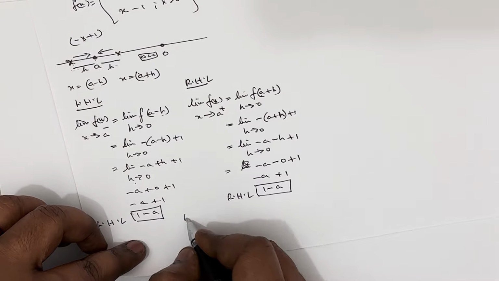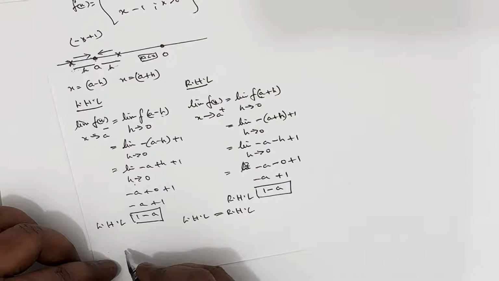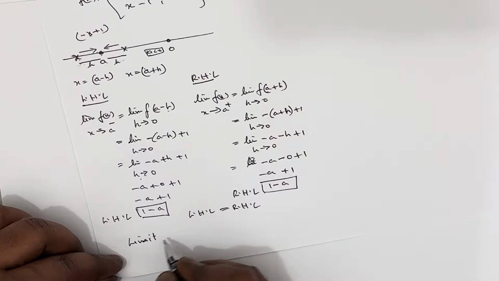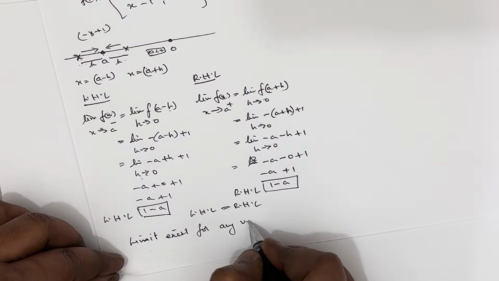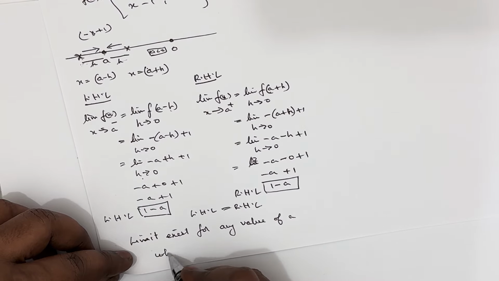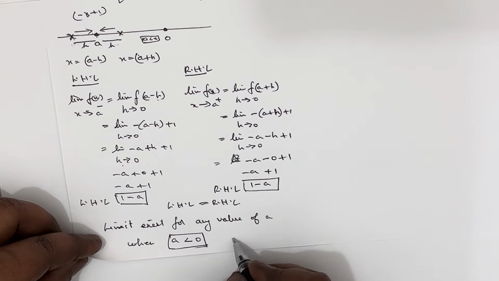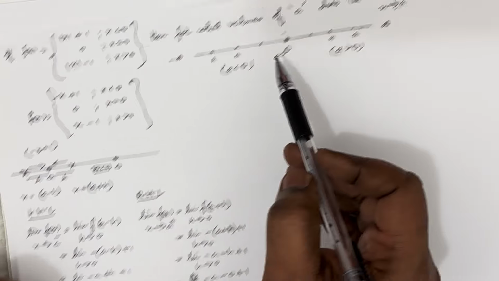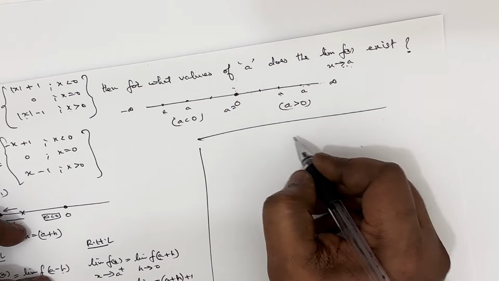Here LHL is equal to RHL, so we can say that the limit exists for any value of a when a is less than 0. Now let's see what happens if a is equal to 0. Now take the number line.